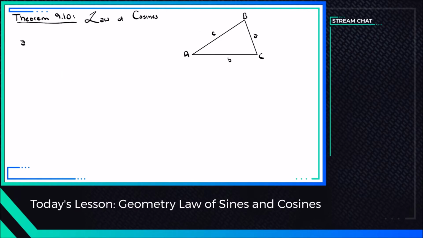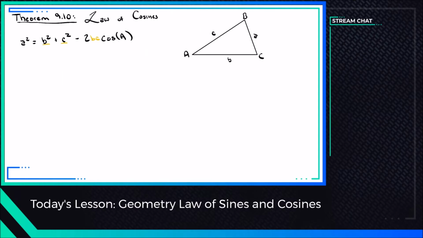We're going to take a squared, all right, is going to be equal to b squared plus c squared. The only thing different is you add on 2 multiplied by the two sides on the inside, so bc, multiplied by the cosine of the angle associated with the side you want to find.